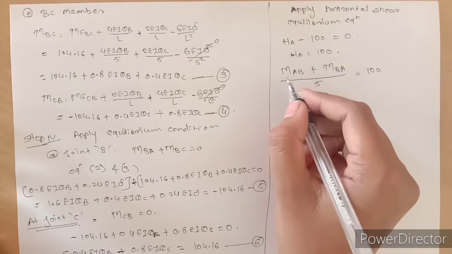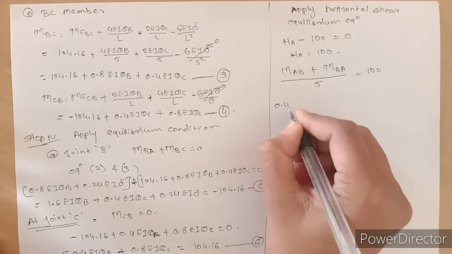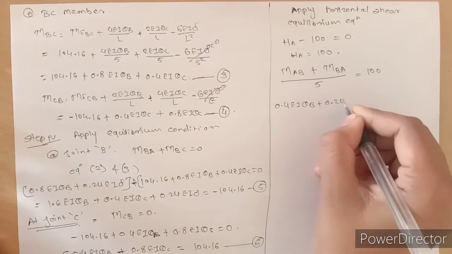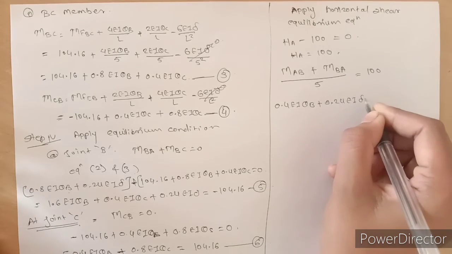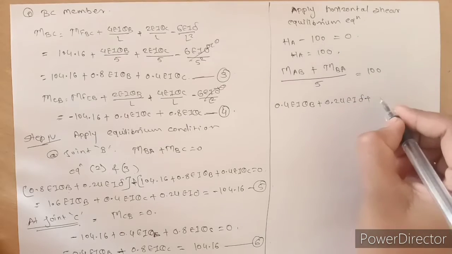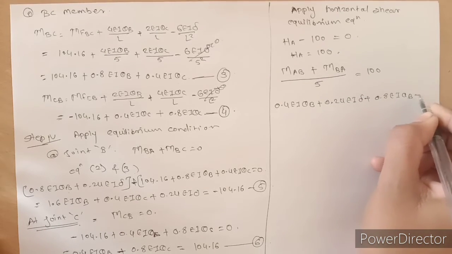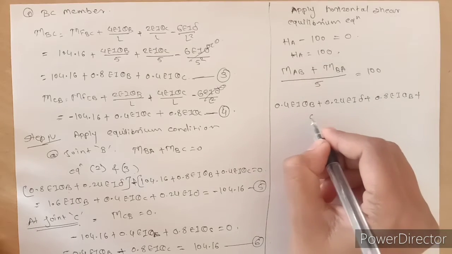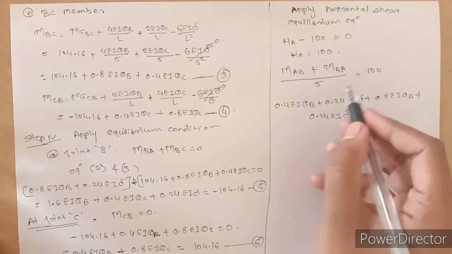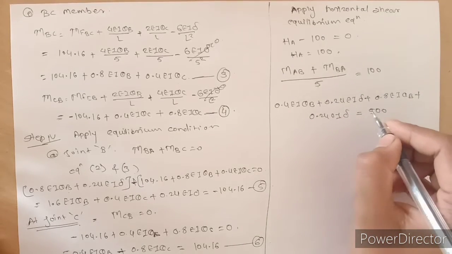The slope deflection equation at member AB is 0.4 EI theta B plus 0.24 EI delta, plus the slope deflection equation at member BA, 0.8 EI theta B plus 0.24 EI delta, is equal to 5 multiplied by 100, which is 500.